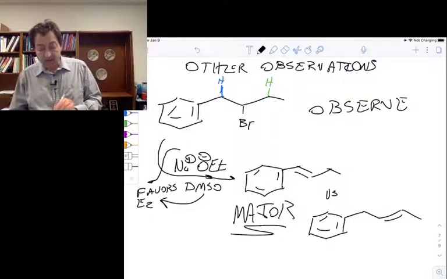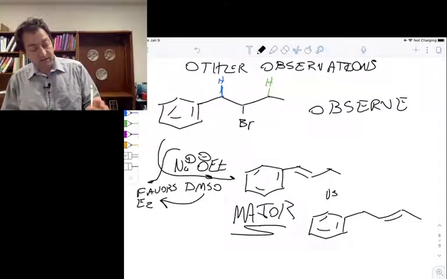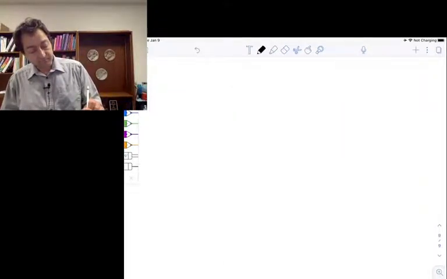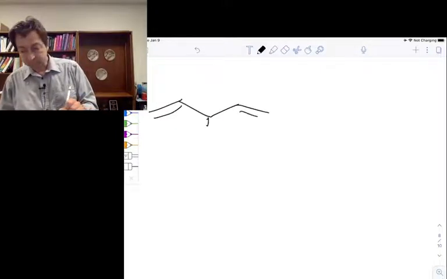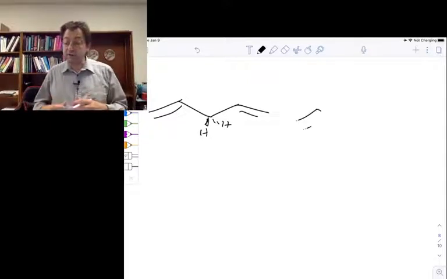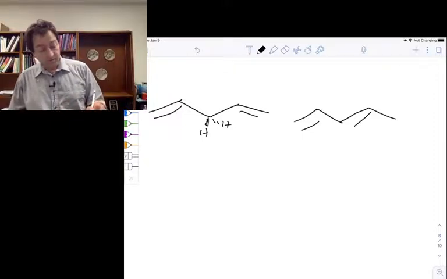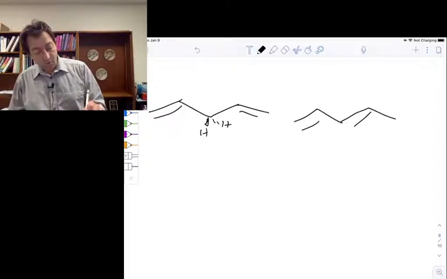Well, if you recall back when we talked about alkene stability, we talked about what we called conjugated double bonds. We talked about isolated versus conjugated double bonds, and we said that those conjugated double bonds were about 28 kilojoules per mole.